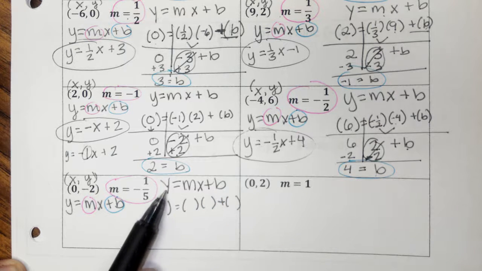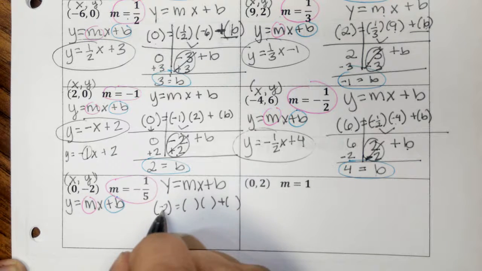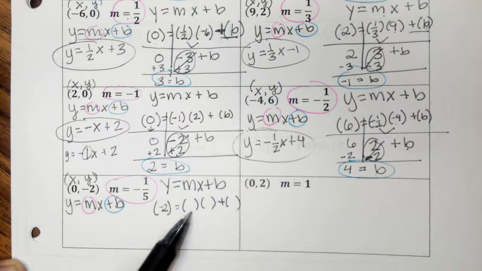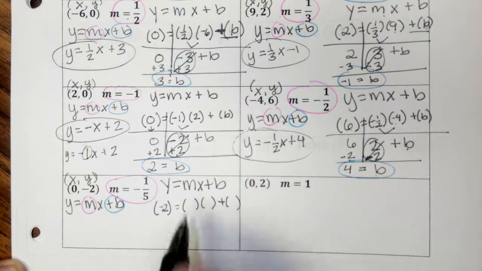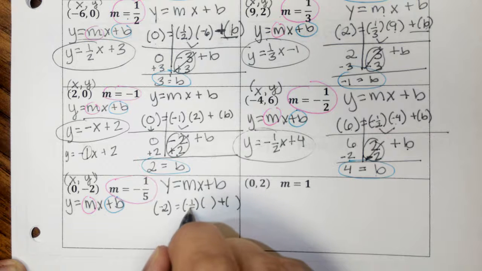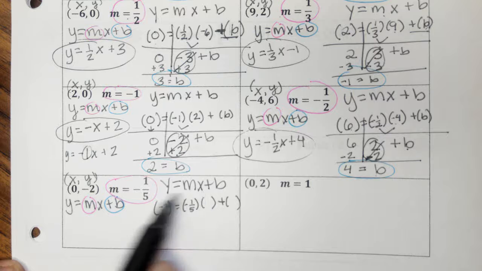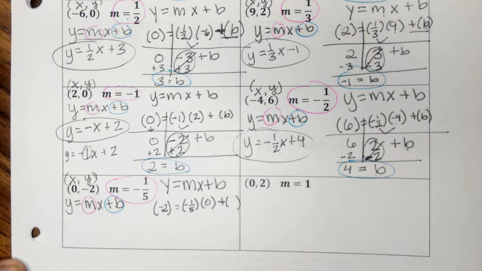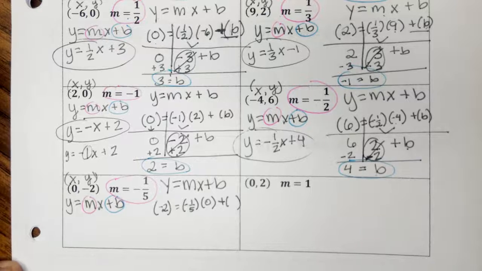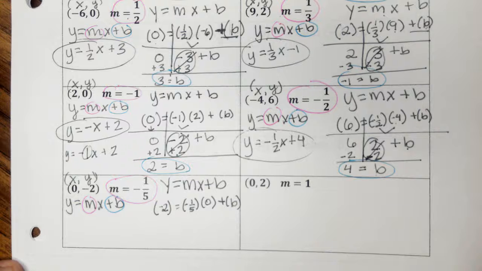This first bubble is in place of y, and we know that y is -2. The second bubble is in place of m, and m is -1/5. The third bubble is in place of x, and x is 0. And our last bubble is in place of b, and we're trying to solve for b, so we're going to keep that as a letter.